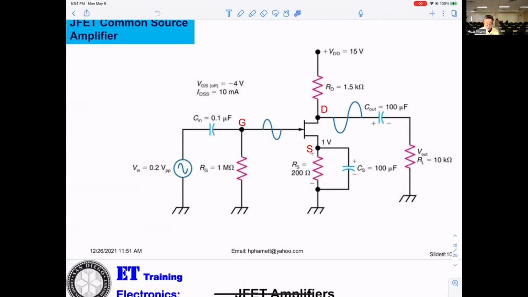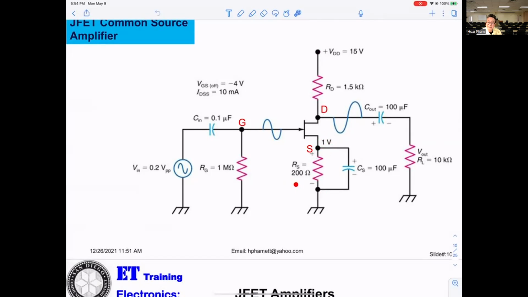So on this circuitry, they gave you 1 volt at the source right here. That makes it easy to calculate IS. 1 volt here, 200 ohm here, so IS will be 1 volt divided by 200 ohm. You get the IS.